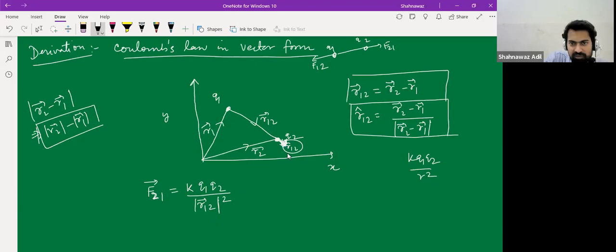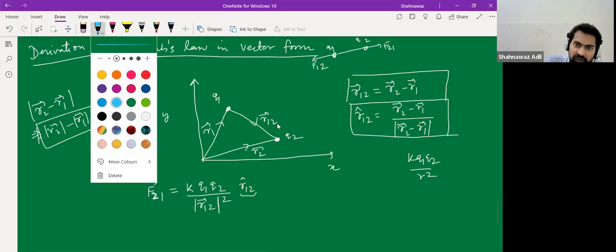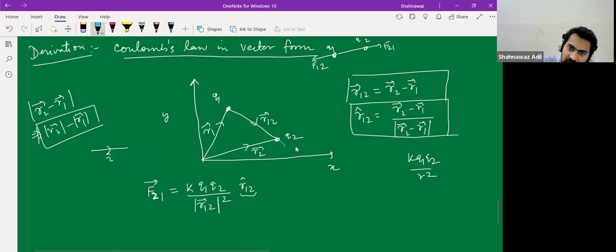See, this direction. It is r12 hat, not i, because the force is not in the x direction. Let me show. So r12 hat. Did you understand this part? This is the direction of the force.